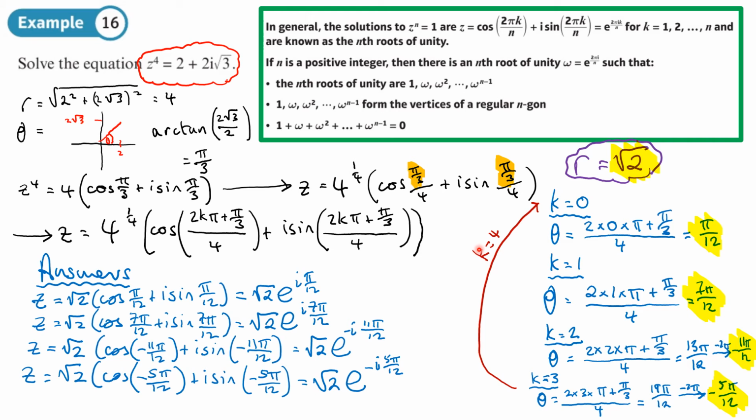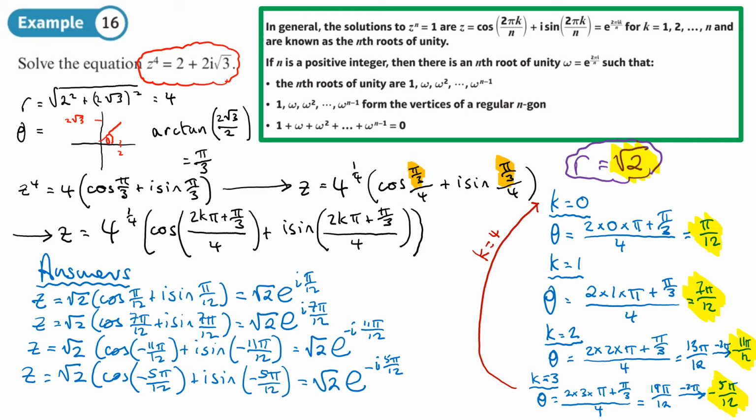So we'd have 25 pi over 12 if we did k equals 4. That's outside of the range. Let's take away 2 pi. I end up with pi over 12. So with k equals 4, I'd end up with this again. But we've got 1, 2, 3, 4 roots. I'm not going to get another one, so we can stop there.